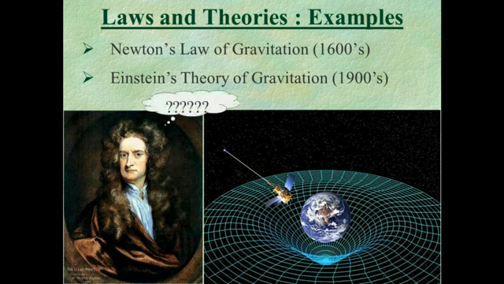Now, of course, if Newton were to hear this, he would have no idea what you were talking about, because all he did was give us a law. It's a law that's very useful, but it doesn't explain how gravity works. And to this day, we don't really have Einstein's theory. The evidence for Einstein's theory is not all that great.